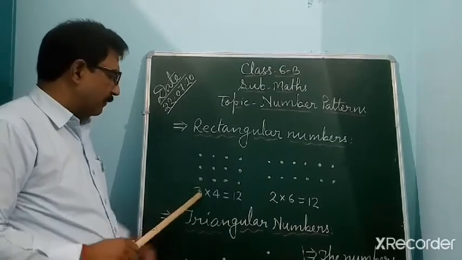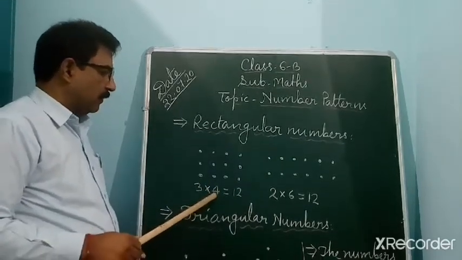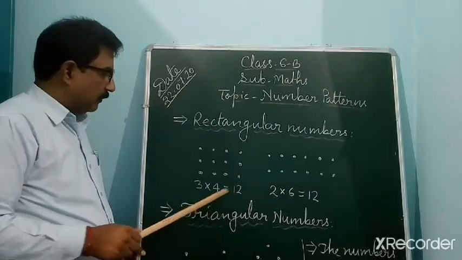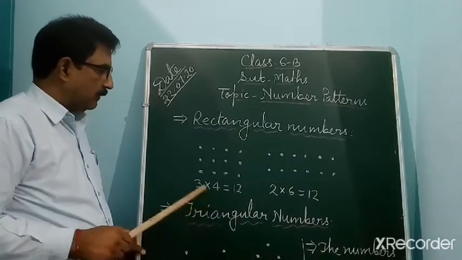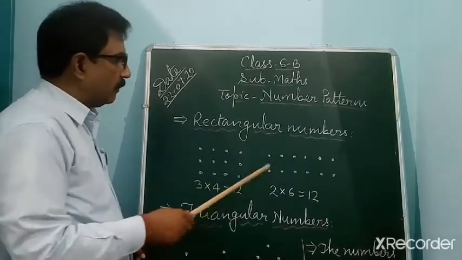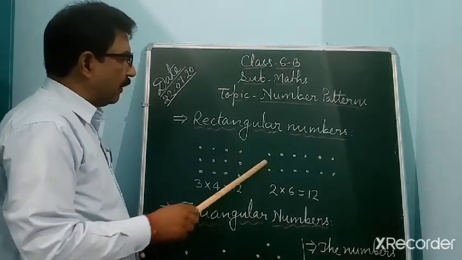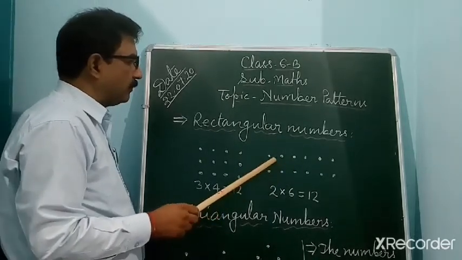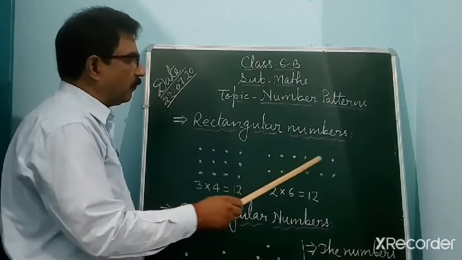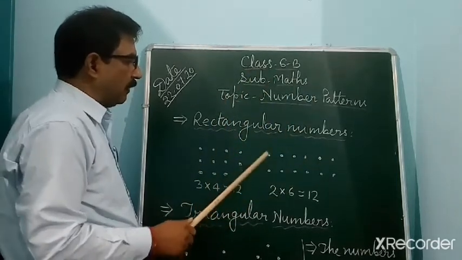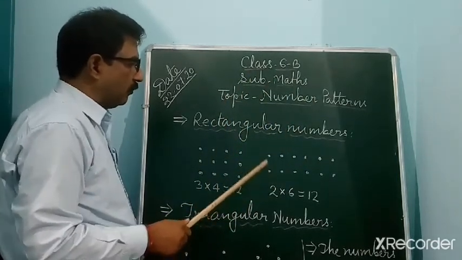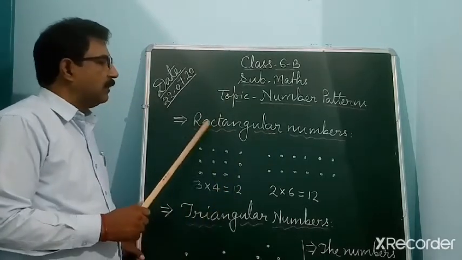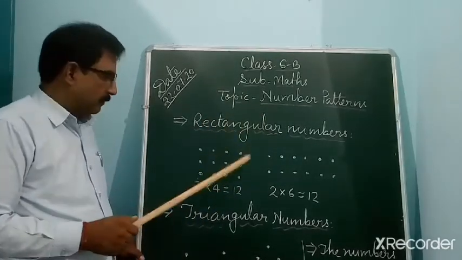So you can write 3 into 4, which means 12. 4 threes are 12. In the next example, you can change the pattern: horizontally you take the dots 1, 2, 3, 4, 5, 6 and vertically 1, 2. So you can give many examples of rectangular number patterns.